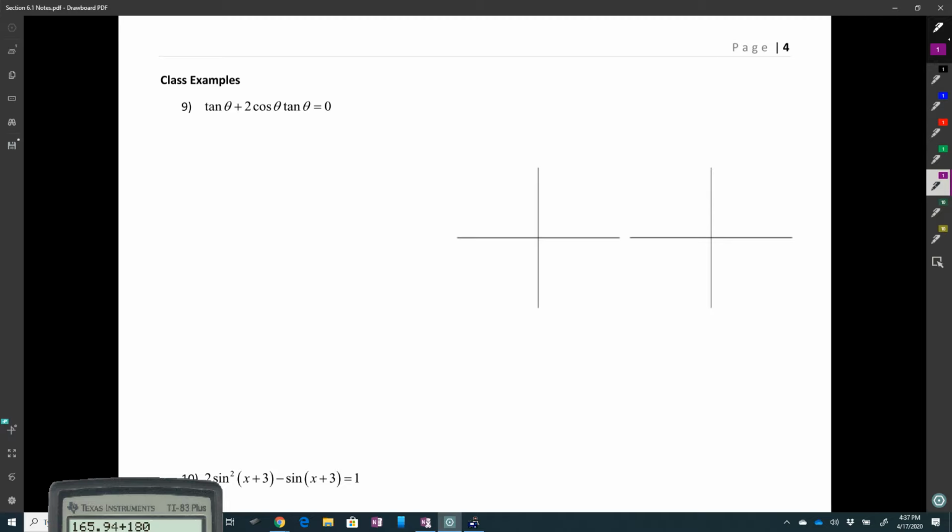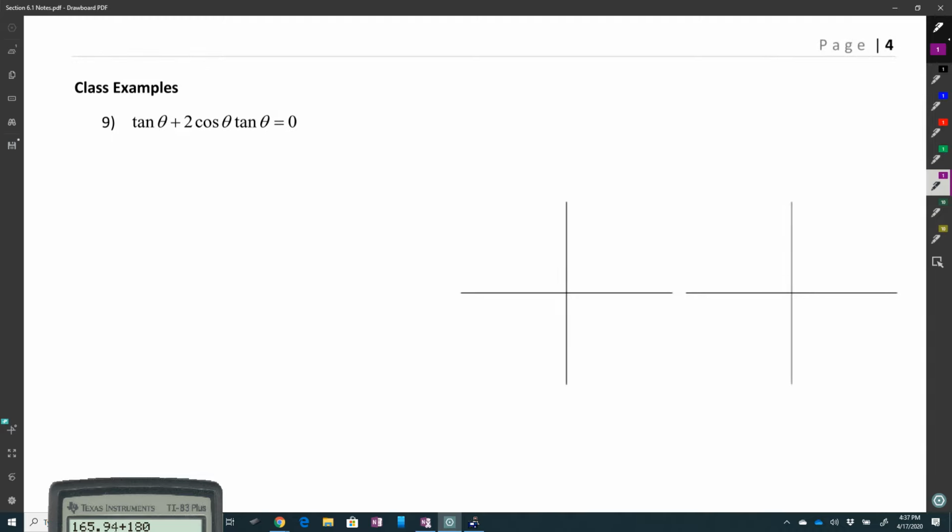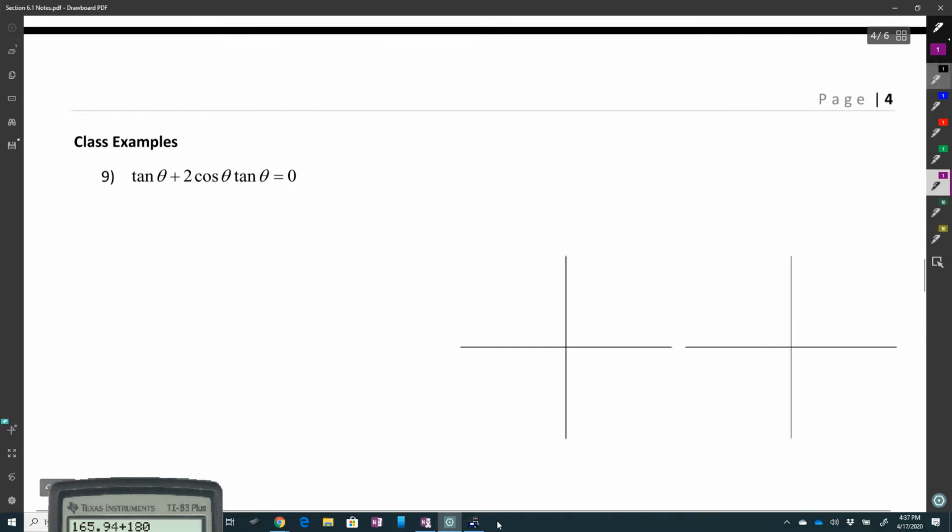All right. So question 9, these questions are a little different. Notice I have 2 things, because here, you look at this problem and they say solve, but you have to think of these as variables. So if you're looking at these as terms, notice that they both have tangent in common, which means that I can factor it out.